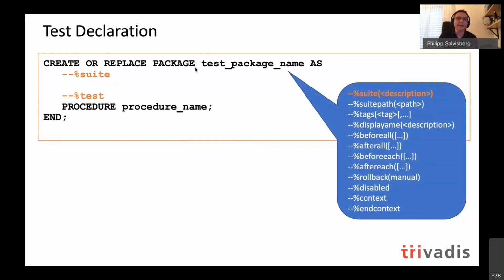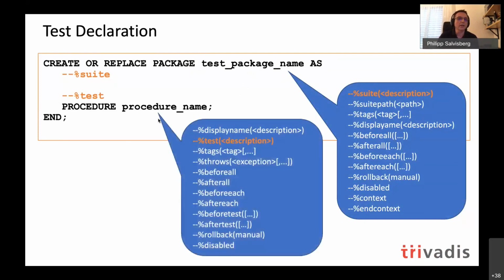You can flag test packages as performance tests, as slow running tests, or whatever, so you may just run a part of it if you like. And of course, there are a lot of additional annotations available for stuff which you run at the beginning for your test setup, or stuff that you run at the end for your teardown process. I don't really have time to explain everything, but it's very well documented on the utPLSQL website.